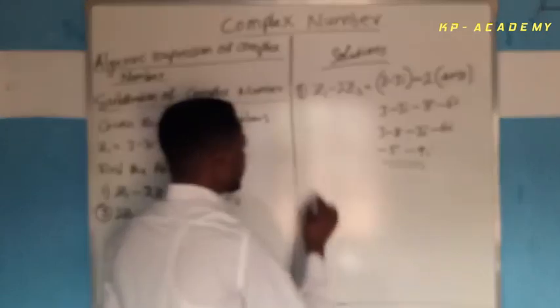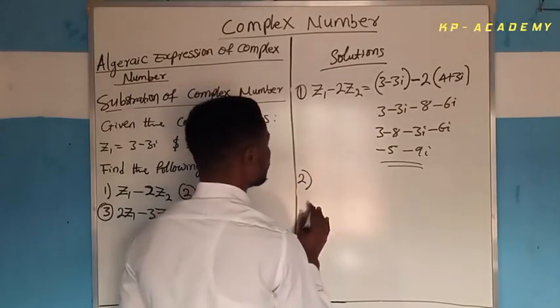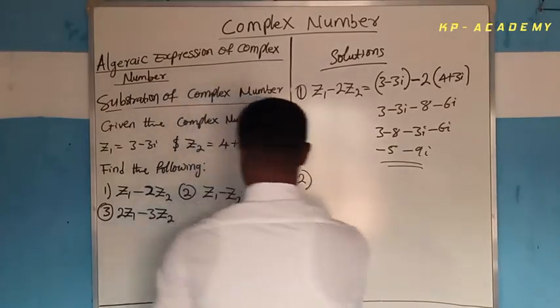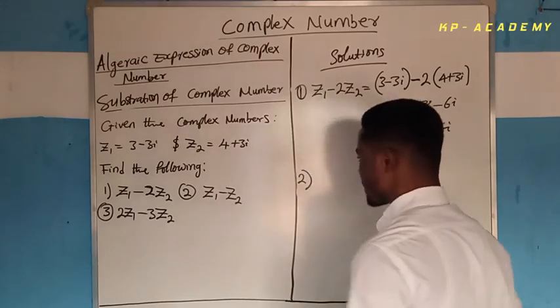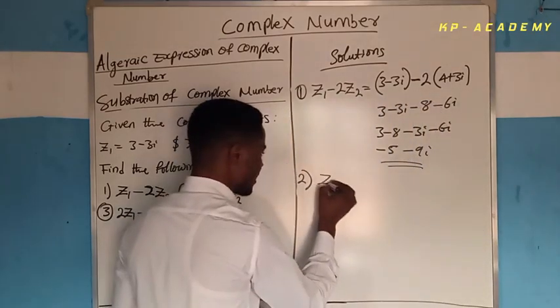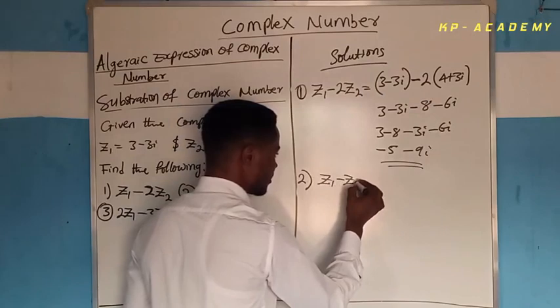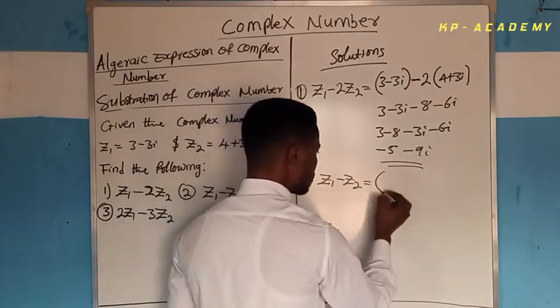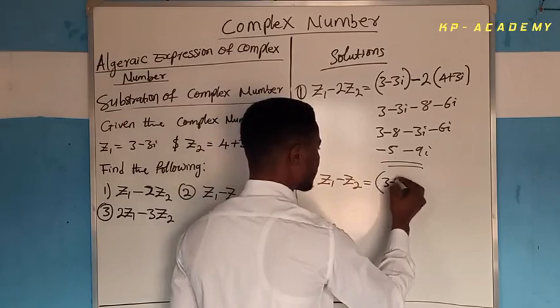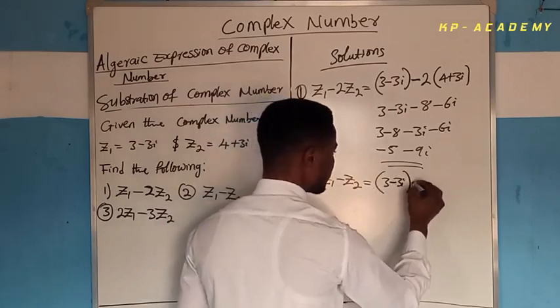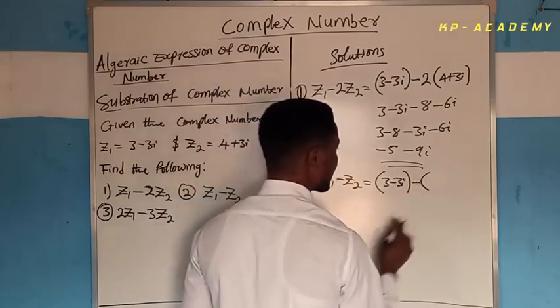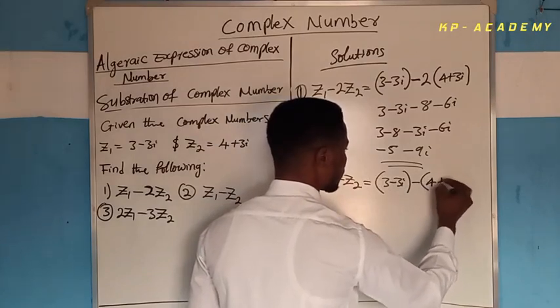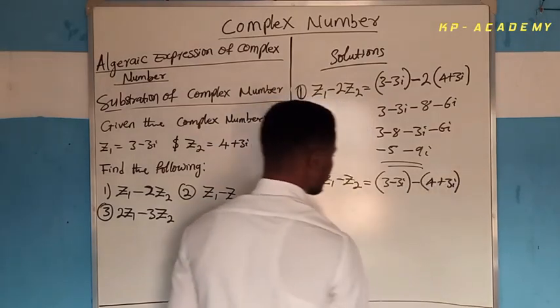Okay, for number two, we should find z1 minus z2. So z1 minus z2 will be equal to, now what is z1? Z1 is actually, open a bracket, 3 minus 3i. Now put minus, open a bracket, you have 4 plus 3i, close.